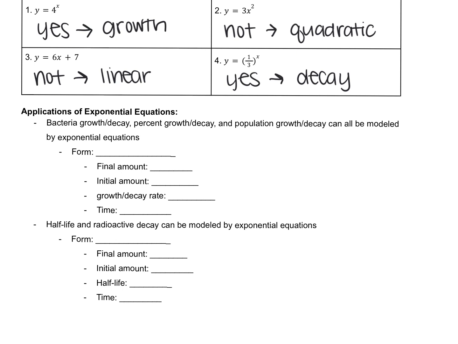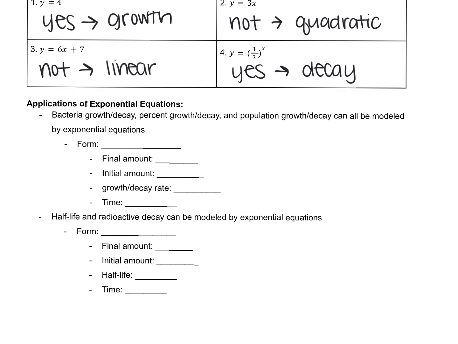When we're talking about general growth or decay, we use the equation y equals a(1 plus or minus r)^x. In this case, our final amount is represented by y. Our initial amount is represented by a. Our growth or decay rate is r as a decimal.